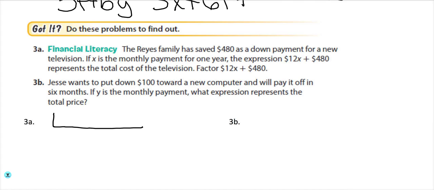So we just got to do 12X plus 480. Okay, so let's go ahead and think about what goes into both of those. That would be 12. I'm going to be left with x here, plus, and then I have 48 divided by 12 would be 4, and then hook the 0 back on, so that would be 40.